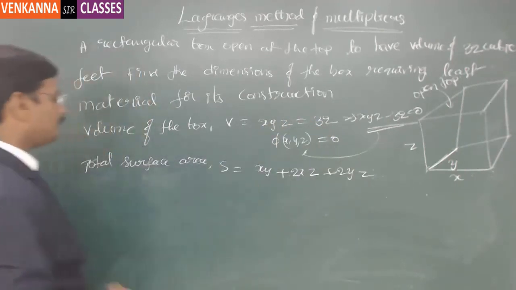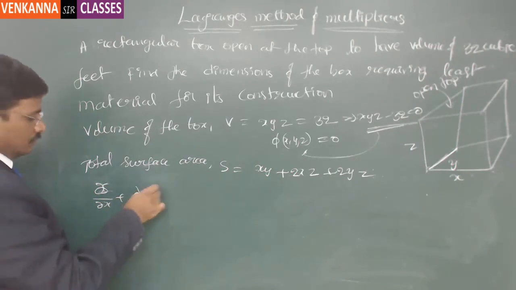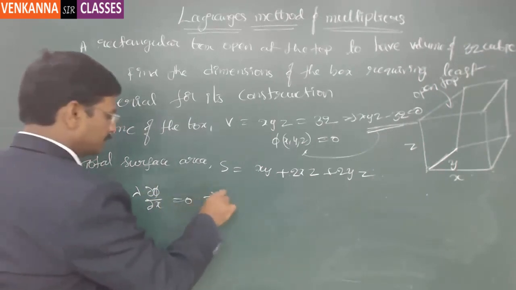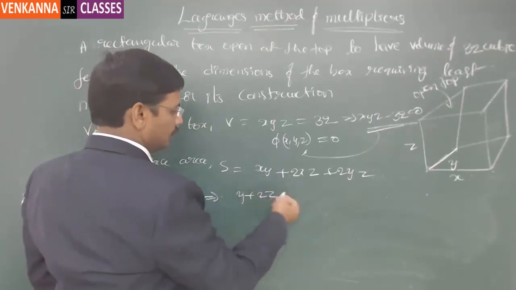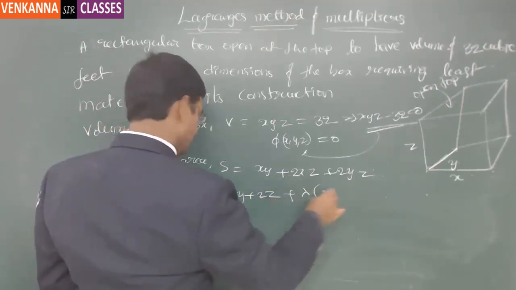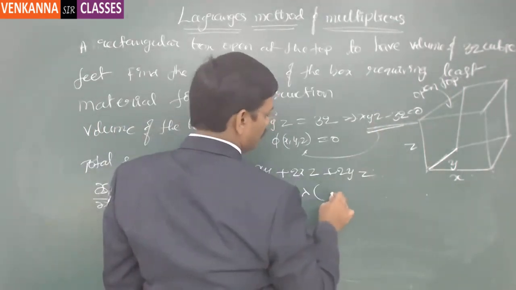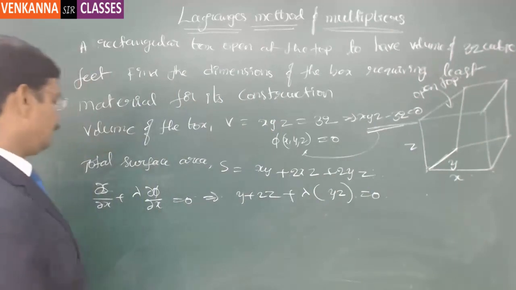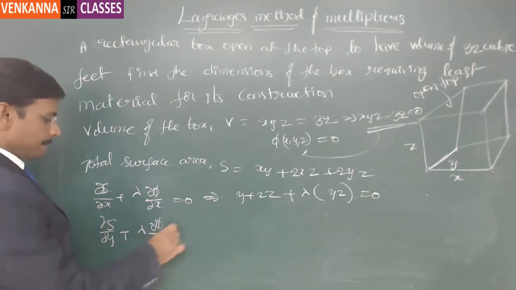Now you can form the function: dou S by dou x plus lambda times dou phi by dou x is equal to 0. It implies dou S by dou x is nothing but y plus 2z, plus lambda times dou phi by dou x, which is yz, is equal to 0. Similarly, dou S by dou y plus lambda times dou phi by dou y is equal to 0.